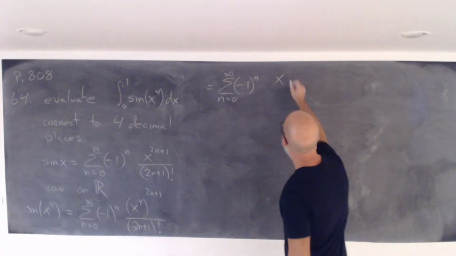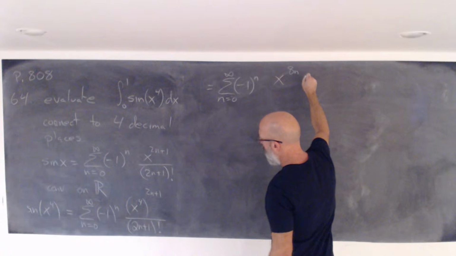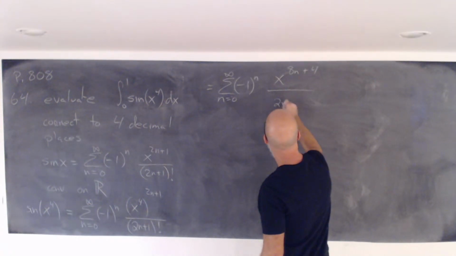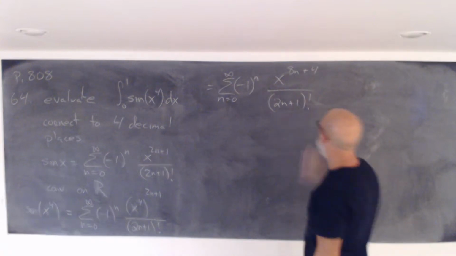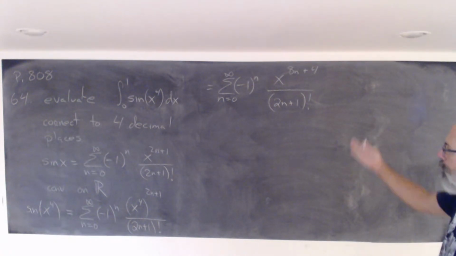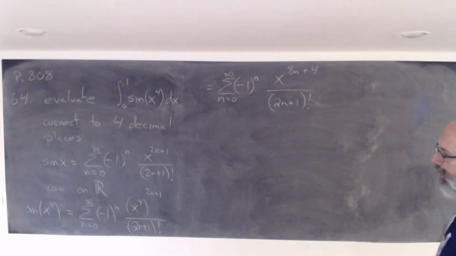This is x to the 8n plus 4. And there it is. You have a power series representation for sine of x to the 4.